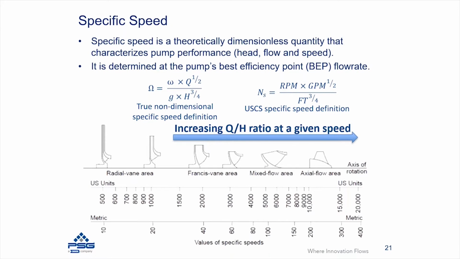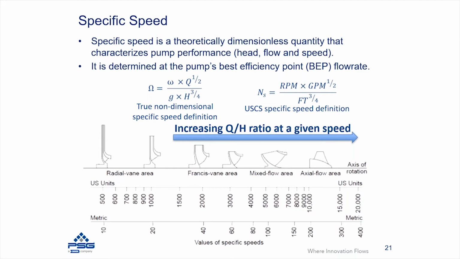And so there's a ratio called Q divided by H, where Q is flow and H is head. As your flow increases and your head decreases, so this ratio is getting bigger, then your specific speed is going to get bigger, and your impeller design and profile is going to change.